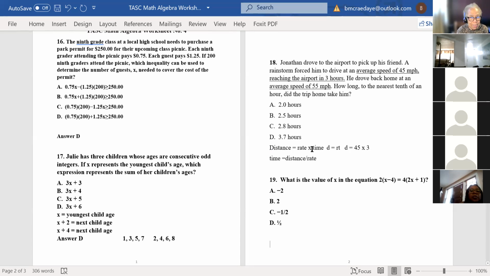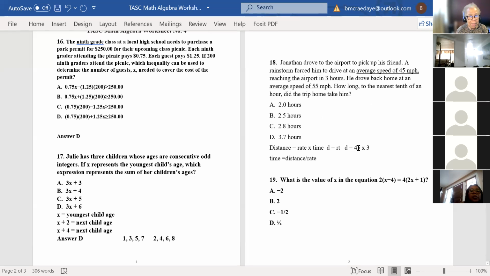So the first step is knowing his speed when he drove to the airport, and knowing how long it took him to get to the airport, you can find the distance. That's rate, 45 miles per hour, times the time, the 3 hours. So now you know the distance of Jonathan's home to the airport.